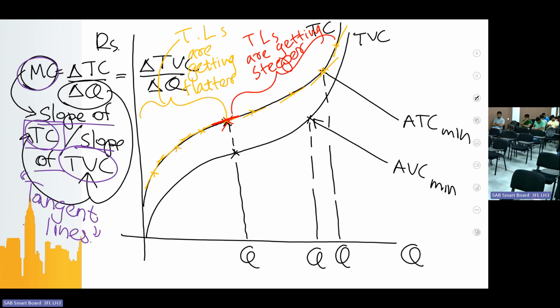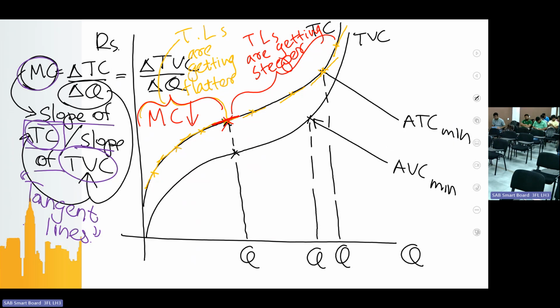The slope of tangent lines measures MC. So since the tangent lines are getting flatter over this range, we can say MC is declining. Over this range, tangent lines are getting steeper.